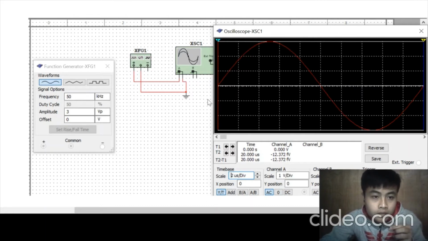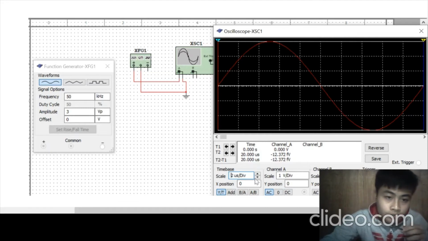Here we see one full cycle of the waveform. I changed the scale to 1 volt per division, where a division is one box.